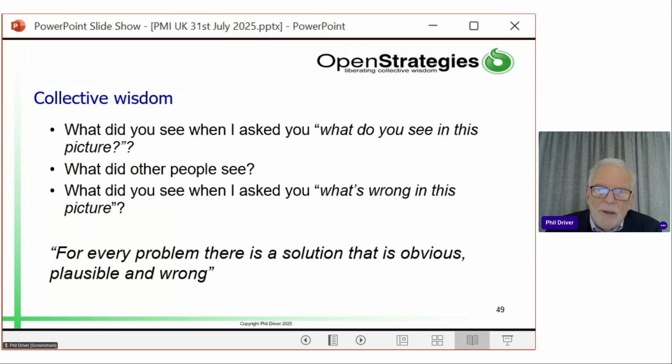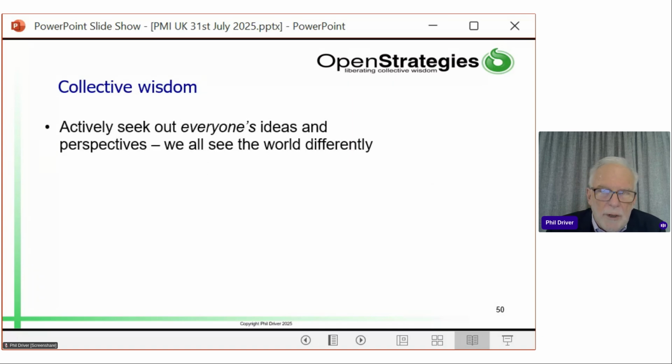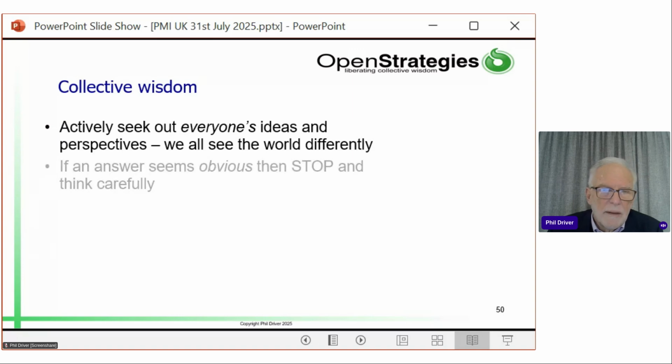So I love this quote from H.L. Mencken: for every problem, there's a solution that's obvious, plausible, and wrong. So that picture was obviously pretty. It was plausibly pretty, but just saying it was pretty was wrong. There was something wrong in that picture. So when you're working on strategies with a lot of people, seek out everybody's ideas, particularly the ideas of the users.